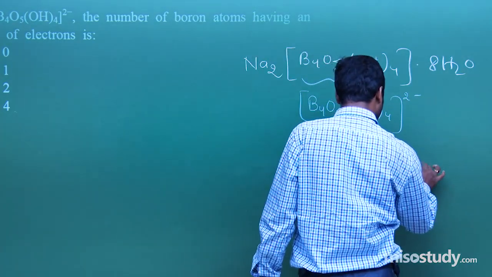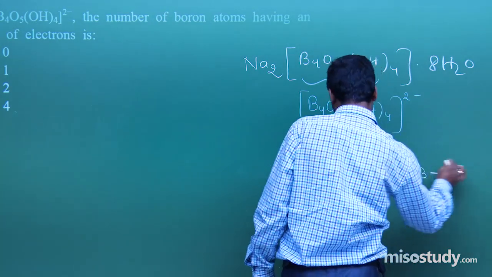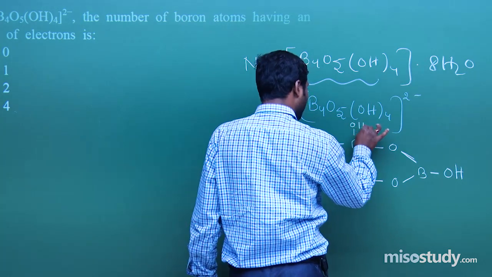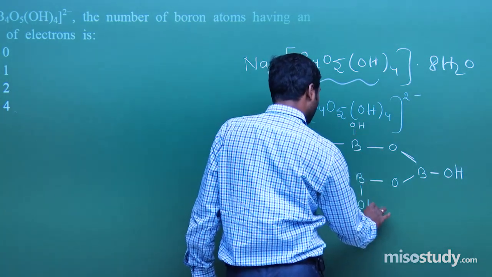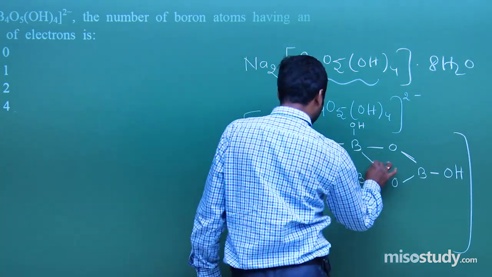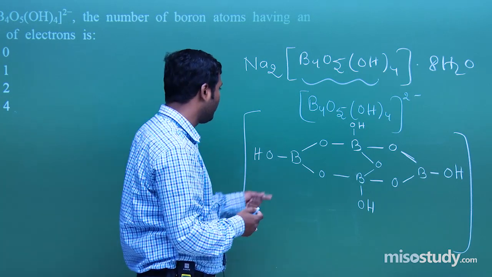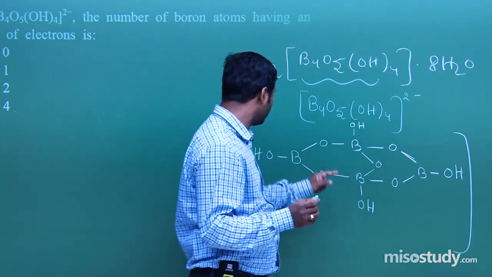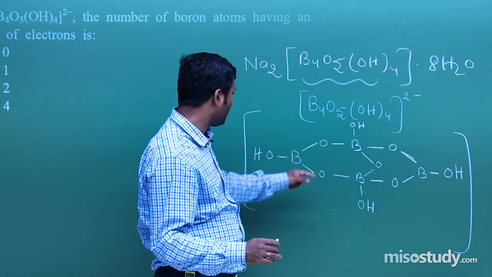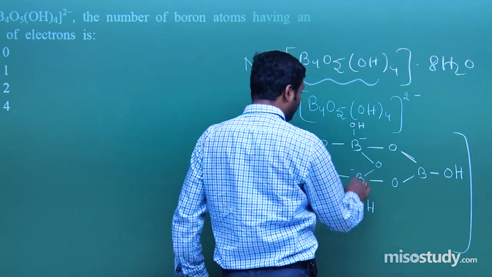Then B here, then O, then B here, put here OH, put here OH, and also here OH and also here OH. Clear? Now one more thing I have to mention here. This one is O and this one is O. Check it out. B4, 1, 2, 3, 4. Oxygen, 1, 2, 3, 4, 5. B4O5(OH)4, O 1, 2, 3, 4. 2 minus, you can put minus here and minus here.